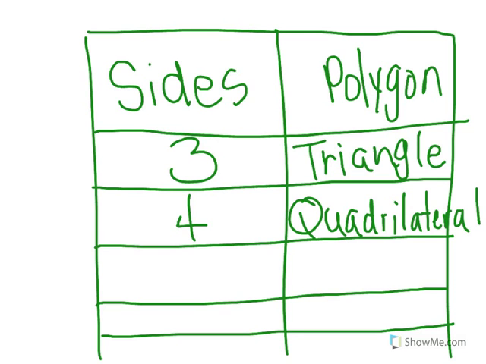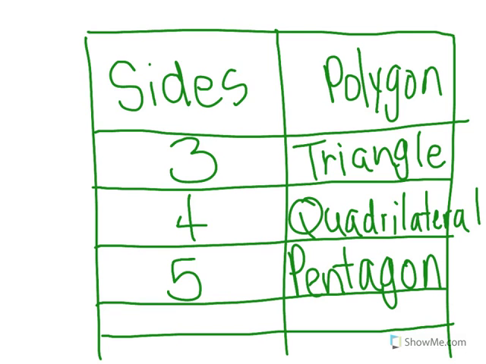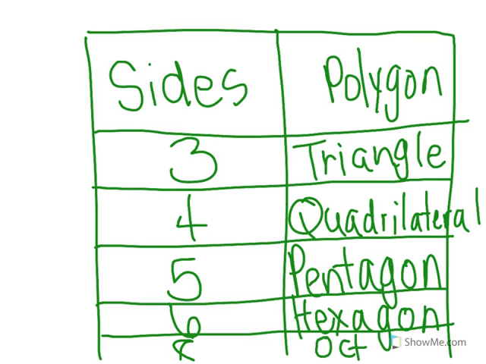If a polygon has 5 sides, it's a pentagon. If it has 6 sides, it's a hexagon. And if it has 8 sides, it's an octagon. Good job.